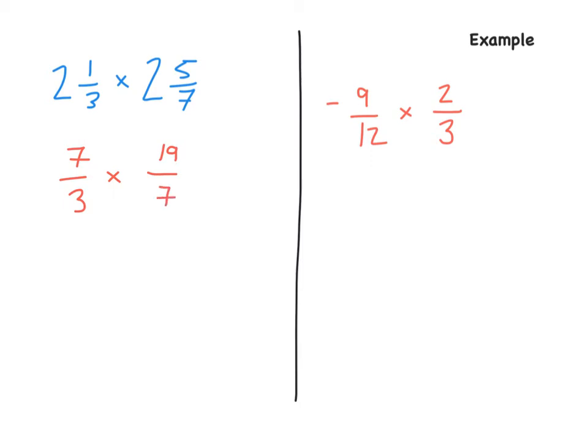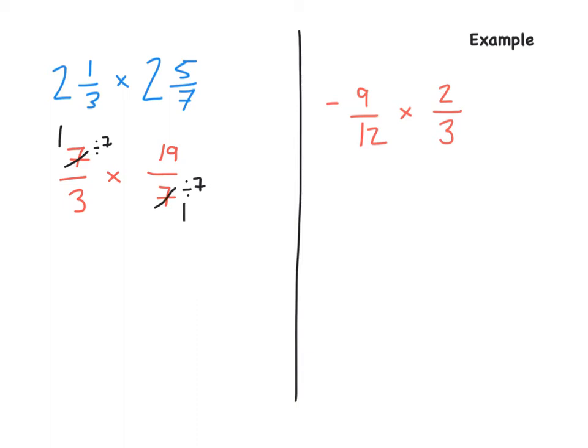So we can cross simplify when we multiply. We could simplify the 7 and the 7. If we divide both of them by 7, 7 divided by 7 is 1. 7 divided by 7 is 1.